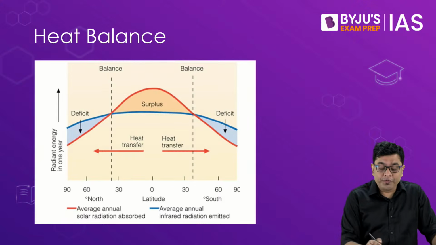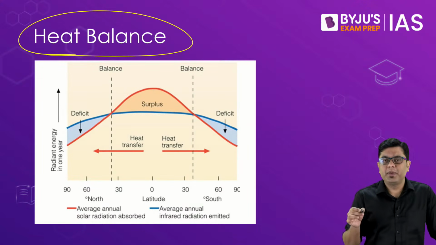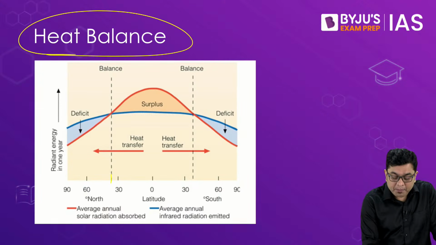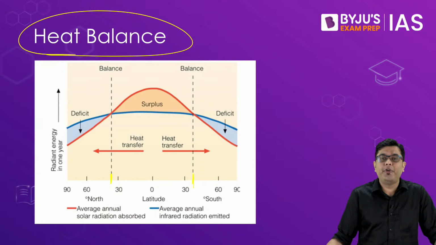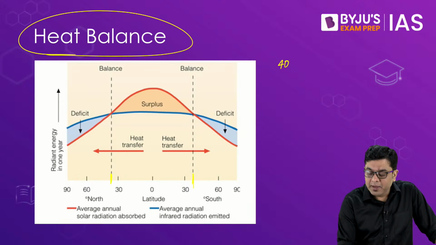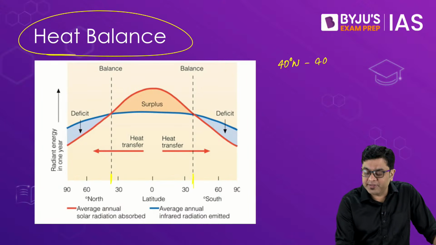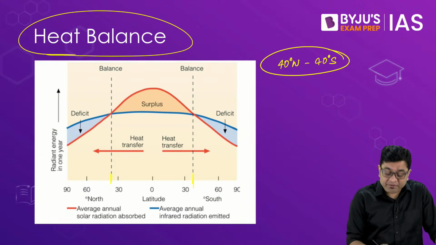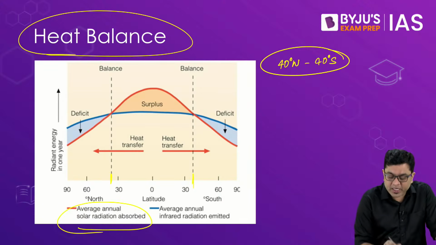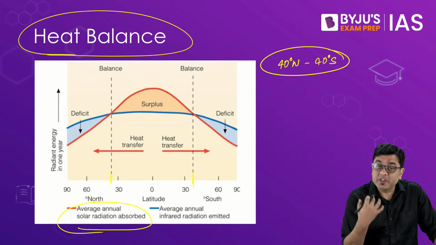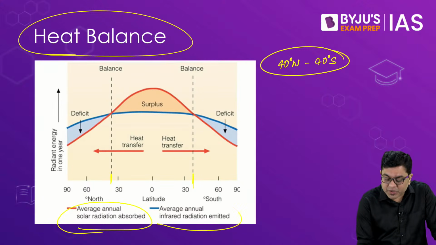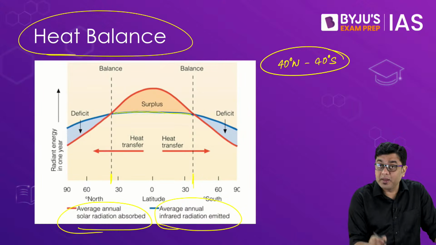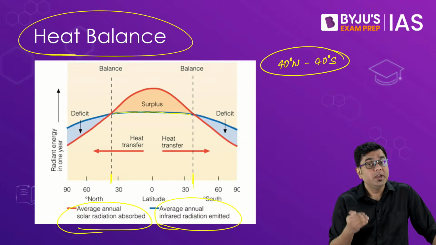If we look at the overall heat balance and the heat distribution, we come across this very basic finding that in the region between 40° north and 40° south latitude, we generally have a greater amount of solar radiation which is received and absorbed, and the terrestrial radiation which is released back is comparatively lesser as compared to the solar insolation received.